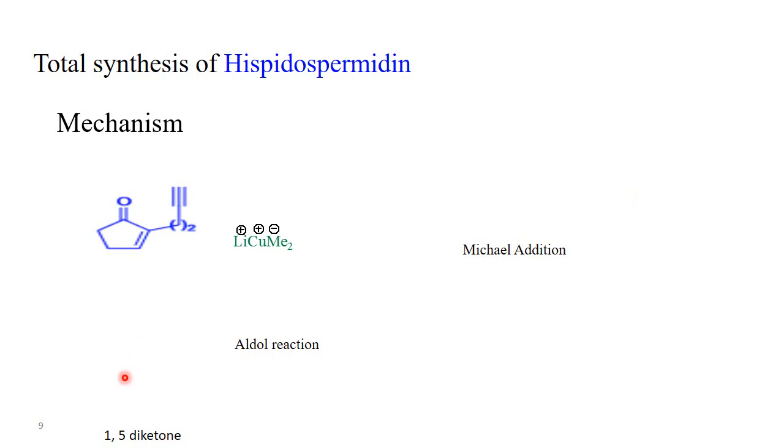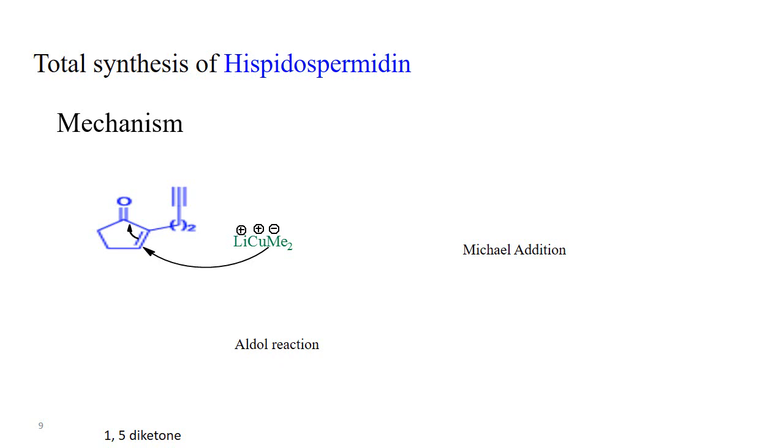This enolate is added through the Michael addition pathway to the alpha beta unsaturated methyl vinyl ketone and gives us another enolate. This enolate, upon accepting a proton from a base, gives us 1,5-diketone.